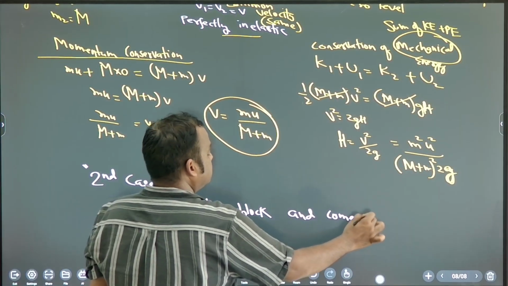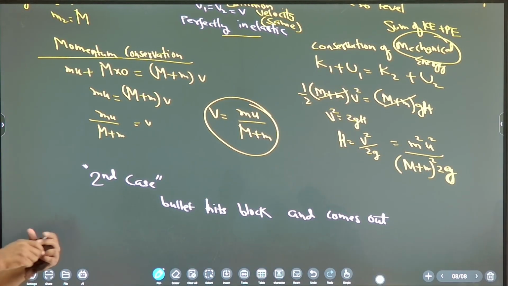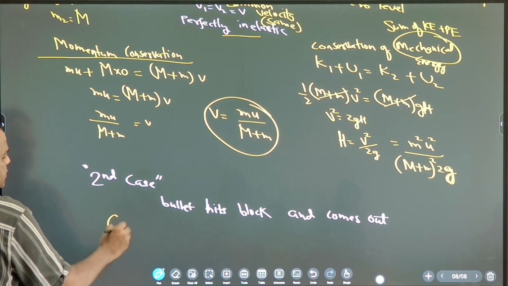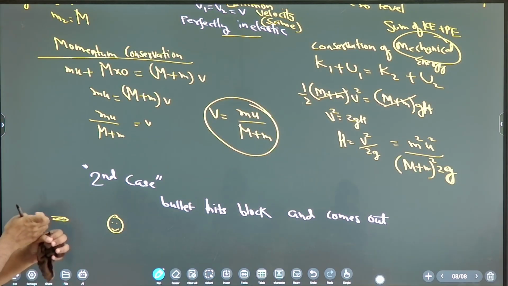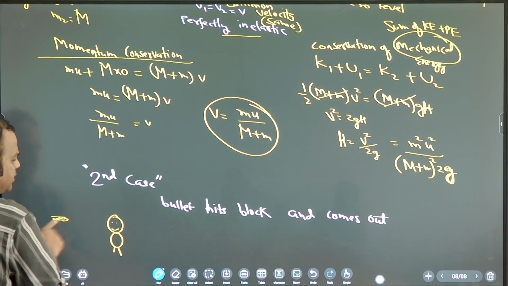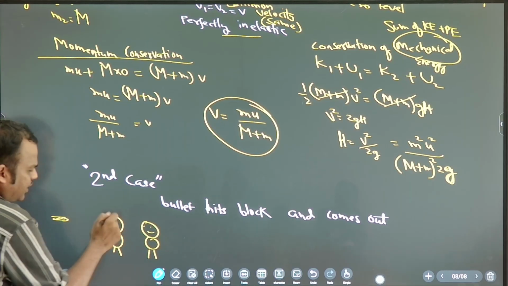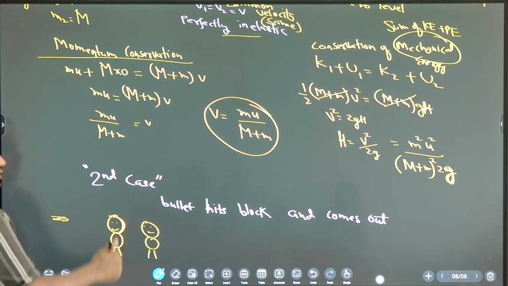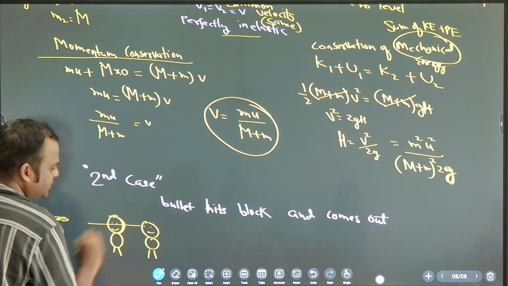The bullet hits the block and comes out, it will pierce, penetrate, and come out like this. You have seen in some movies, the hero is firing a bullet, two villains are there, and it will penetrate the head of the first person and the same bullet hits the second person also. Have you seen? Yes. Okay.